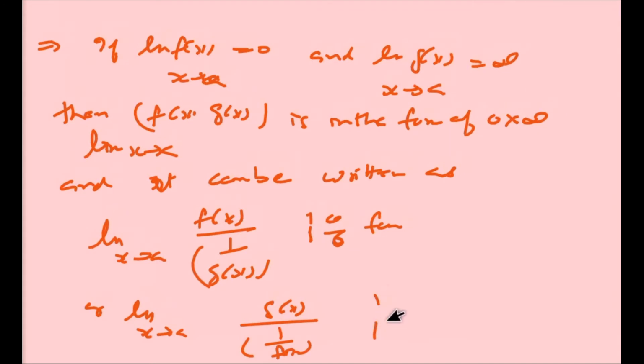Then it is in infinite upon infinite form. So you have to change it into this type of form. Okay, the important point is 0 upon 0 and infinite upon infinite. So infinite also we have to change into 0 upon 0 form. So the main point of evaluation is 0 upon 0.